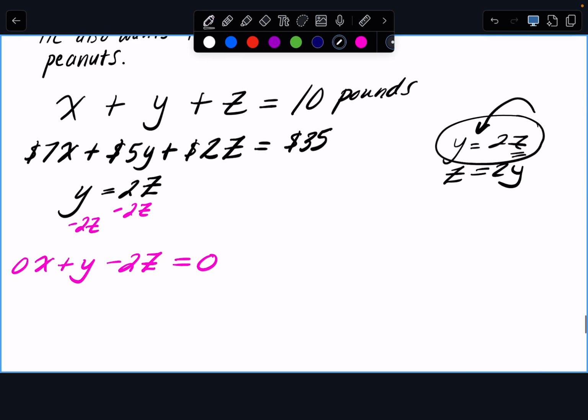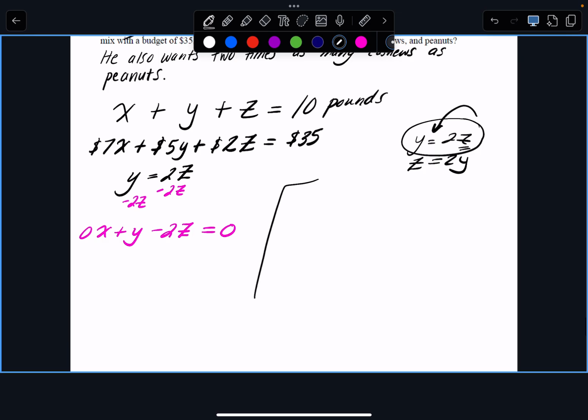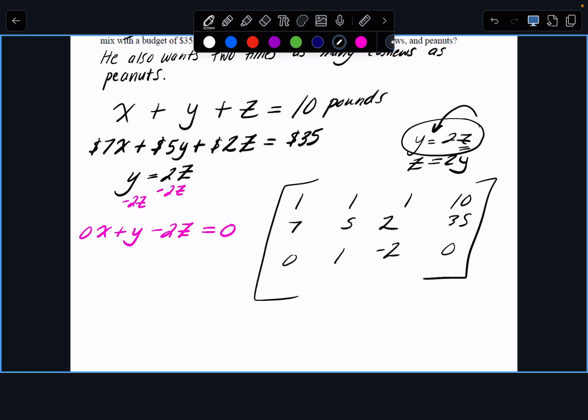Then you would set up your matrix. We're not going to solve this one. Let's just set up our matrix. So it'd be 1, 1, 1, 10. 7, 5, 2, 35. And then 0, 1, negative 2, 0. And now we could solve by row echelon form or reduced row echelon form.